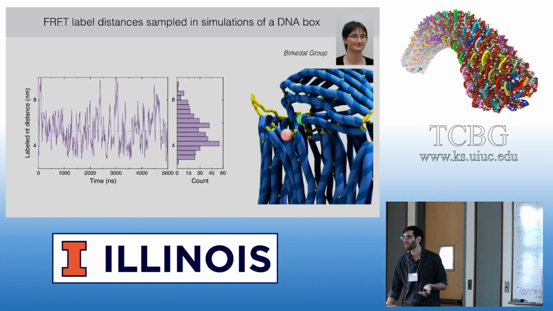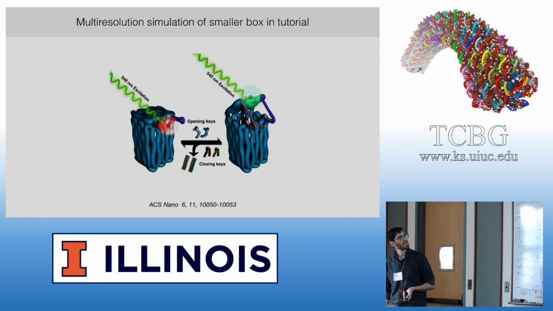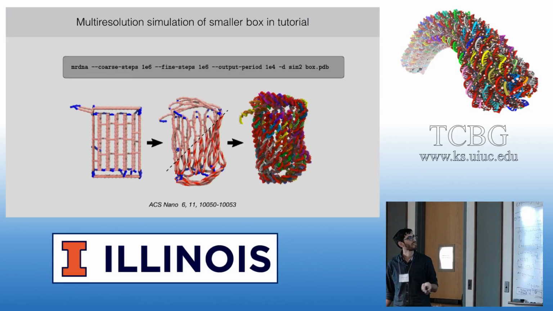It takes half an hour, an hour, or something like that, and you can just see how far my proposed labeling sites are. Am I going to get a good FRET efficiency, or am I not? And so again, in our tutorial, we have an example with a smaller box from Computational's lab, which you can simulate with just a command line argument like this.